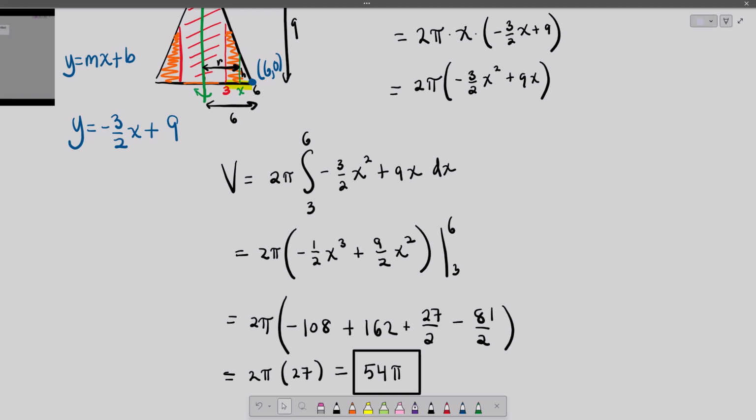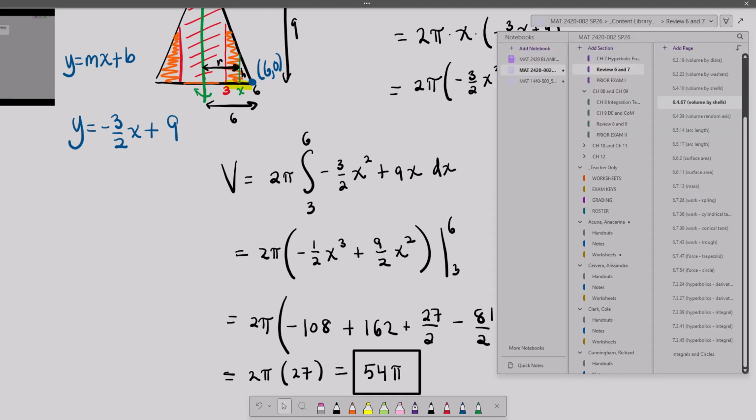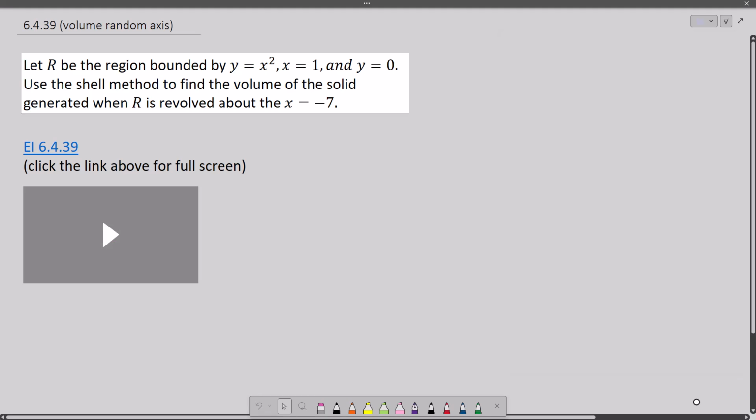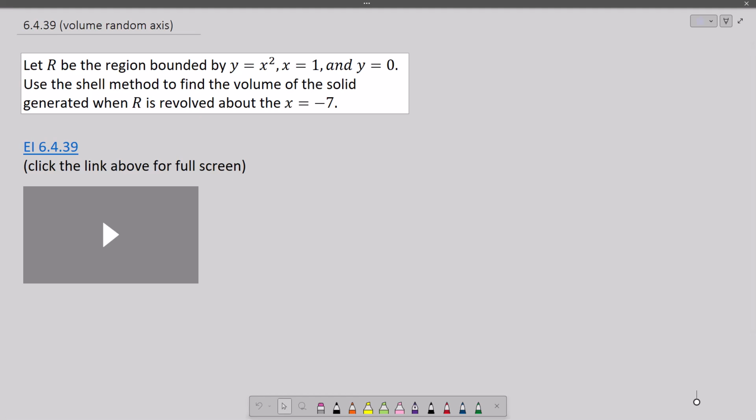Let's do everyone's favorite, random access. So random access, you really have to have the concepts down in order to do the random access right. So this is a good example of things that I would expect you to be able to draw and create.